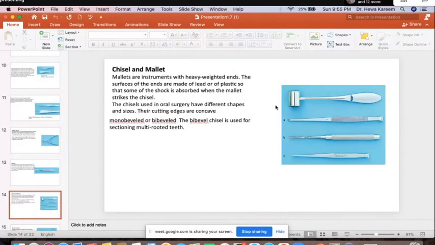Mallet. Use it for what? Just for the mallet. And chisel.